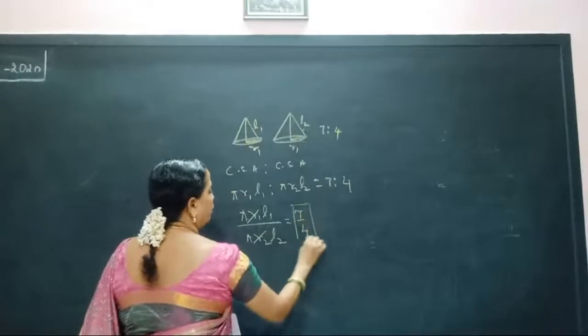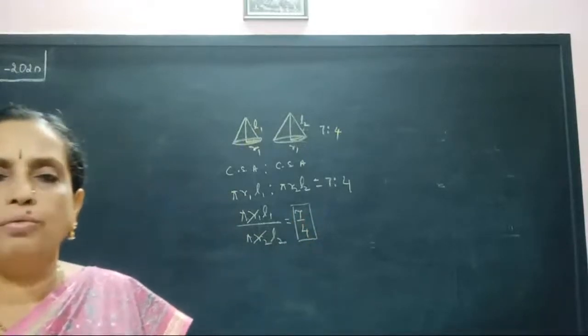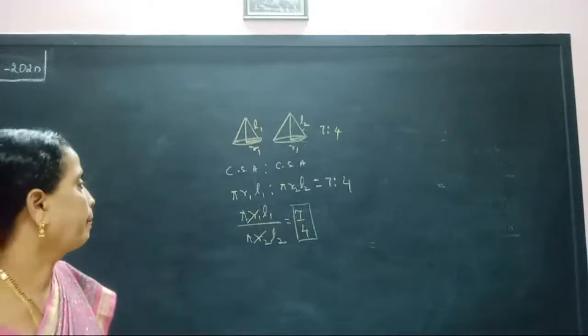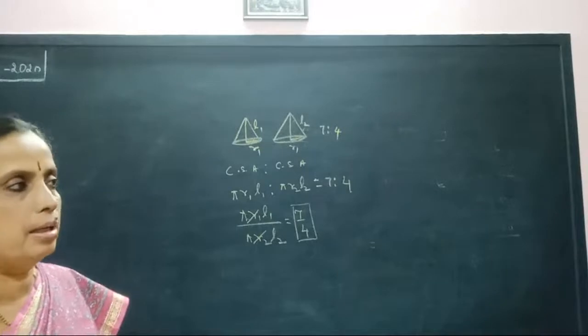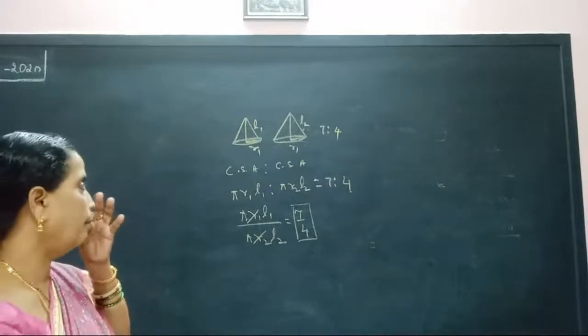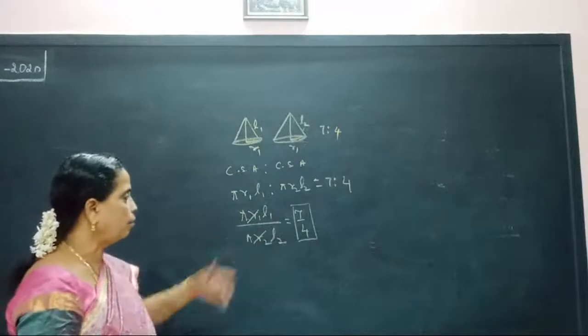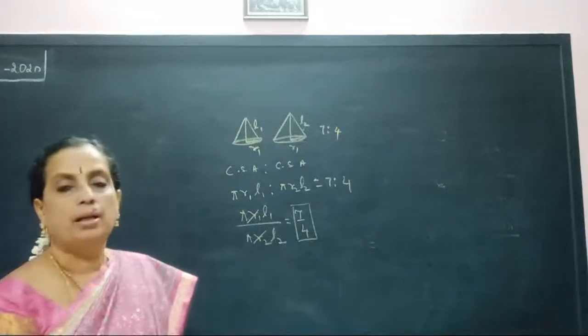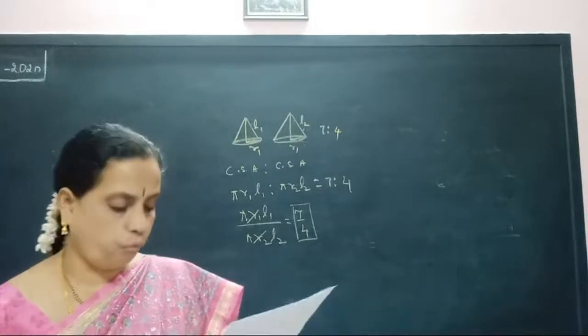So the curved surface areas also have the ratio 7:4. Because the radii are the same, since the diameters are equal, and L1 to L2 is 7:4, pi r will cancel. The ratio between their curved surface areas is also 7:4.